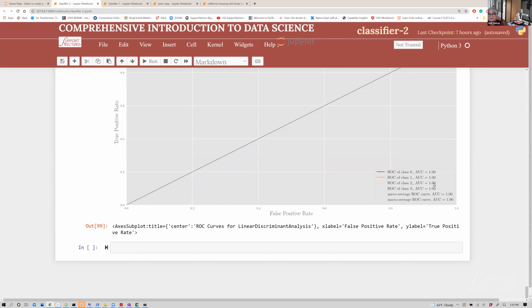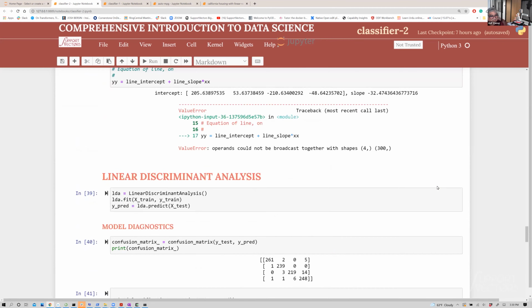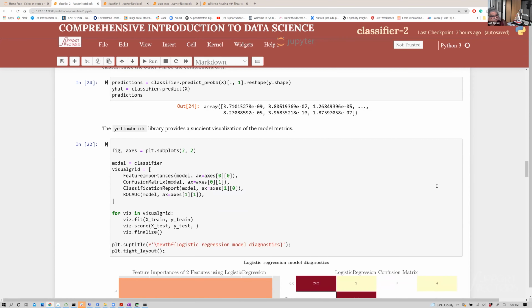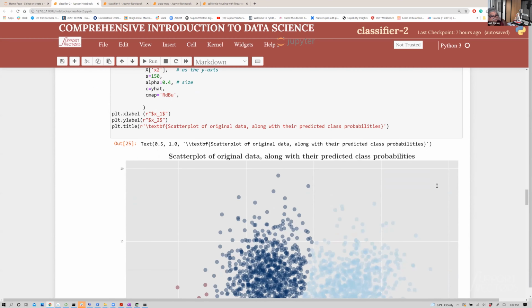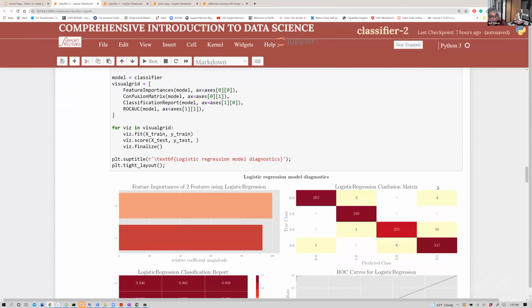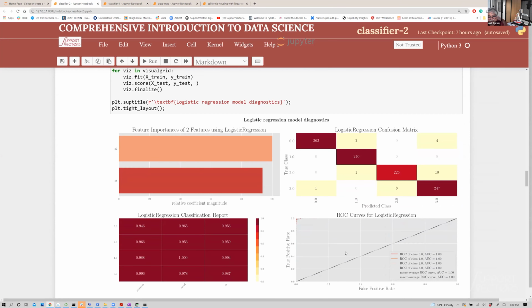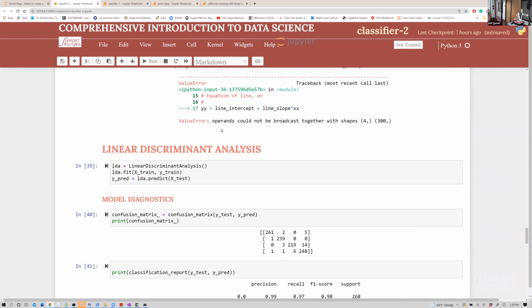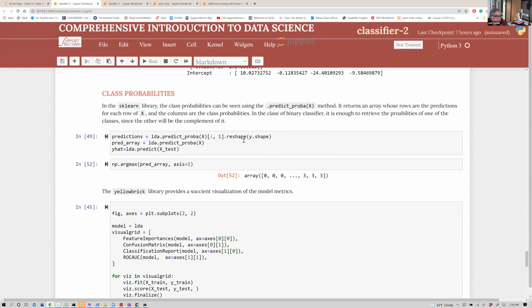Look at this AU ROC. It's perfect, nearly 1, right? Let's go and look at this one. Where are we? Yeah, and this also has it 1. So it was an easy, straightforward problem. Whenever data is globular, it handles it.